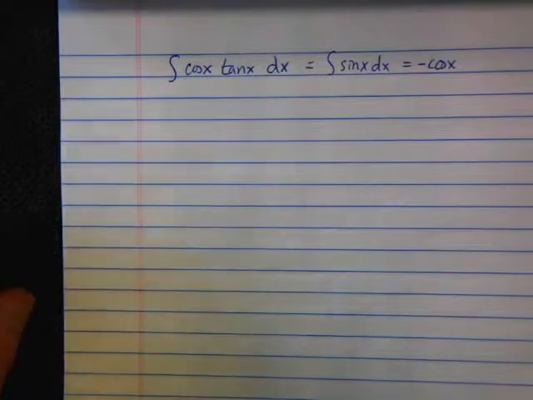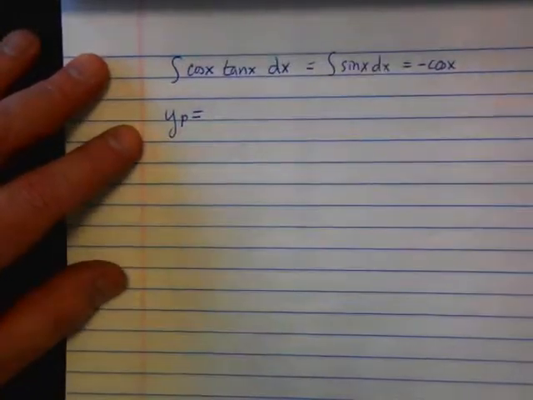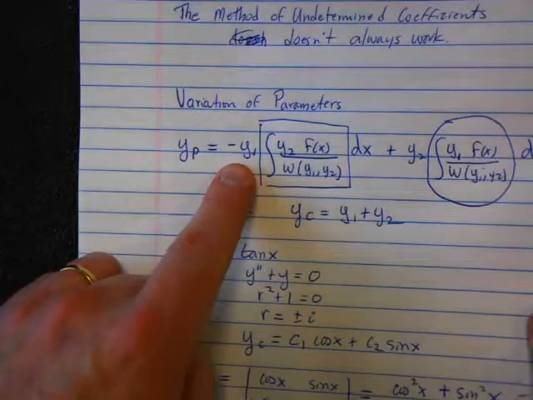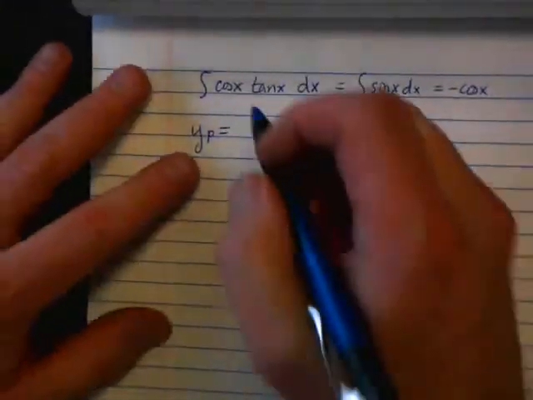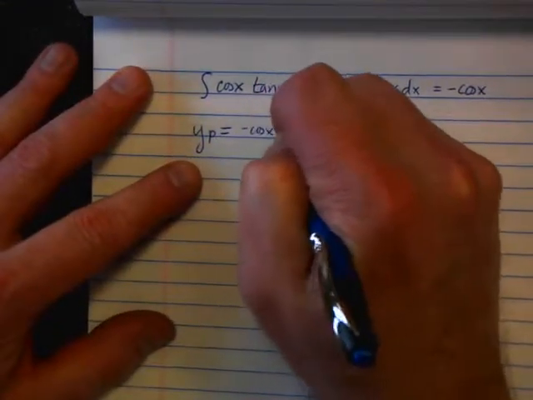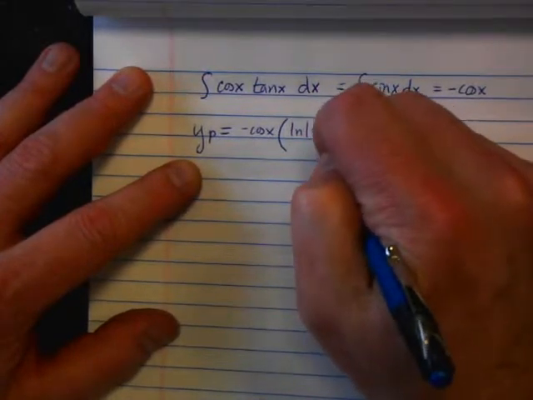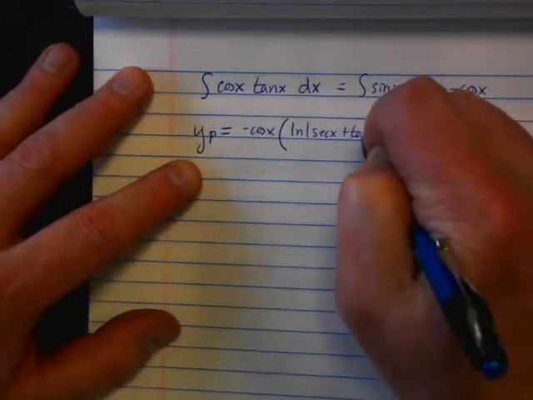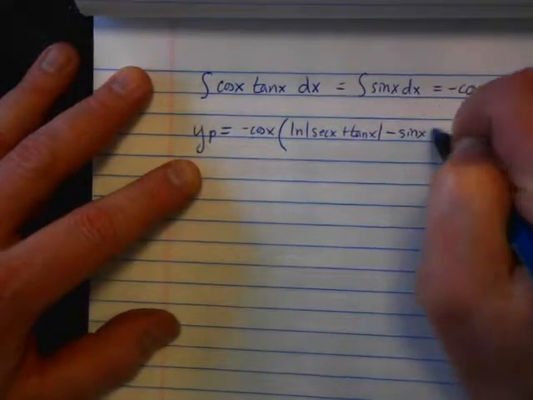Okay, so our particular solution, y sub p, I've got to go back and look at the formula: negative y1 times the first integral that we figured out. So negative y1, that's negative cosine x, times the first integral we figured out. That was ln of secant x plus tangent x minus sine x, I believe is what we had.